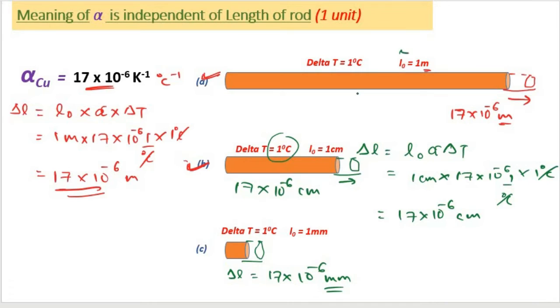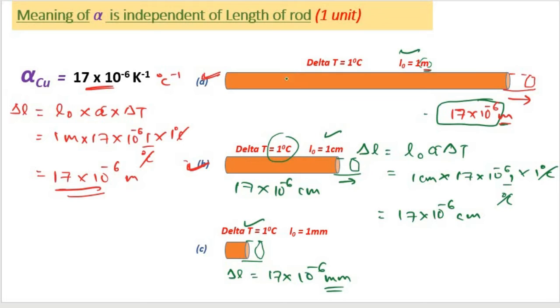No matter what the length of the rod is, 1 centimeter, 1 meter or 1 millimeter, if you heat the rods by 1 degree Celsius, then the increase in the length is alpha, magnitude wise. Then you substitute the unit which you already had. So meter, so meter. Here it was centimeter, so centimeter. Millimeter, so millimeter. Correct.